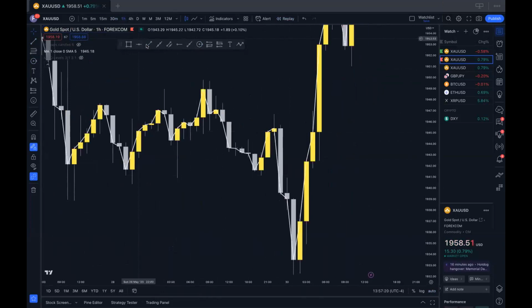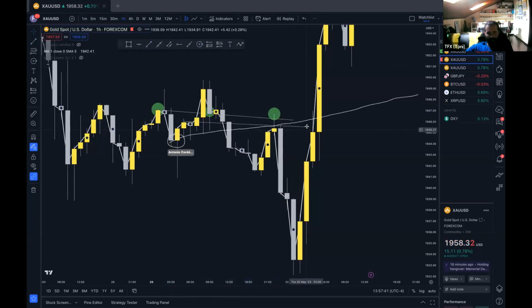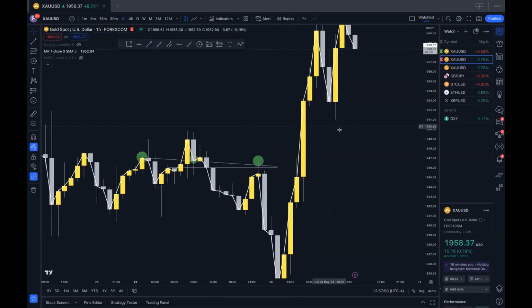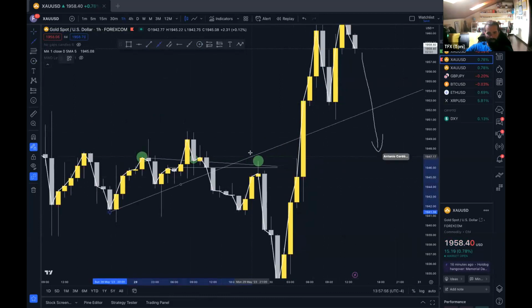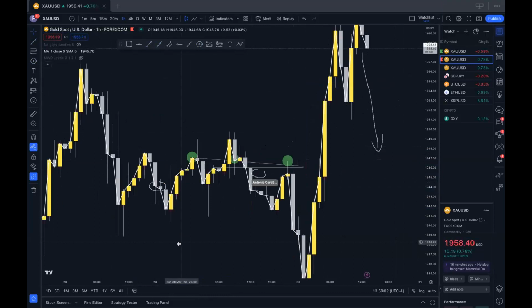TL4 is support and resistance. For example, on the SPY, for the new retracement here, can we catch this point?